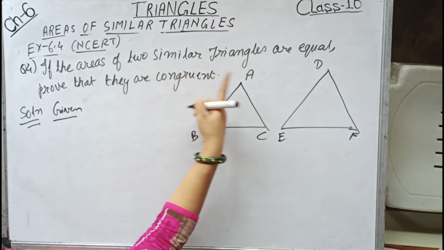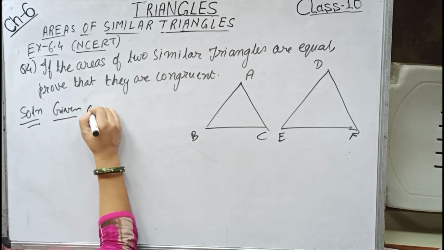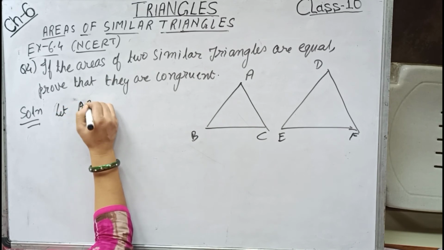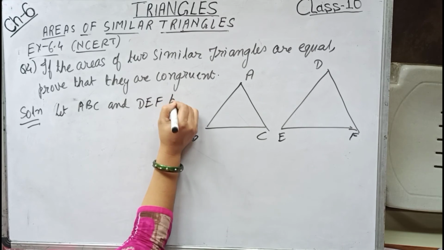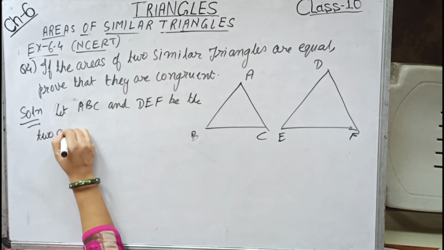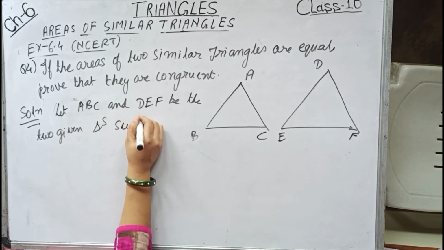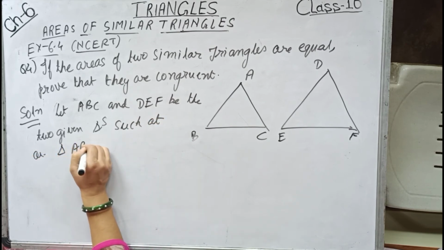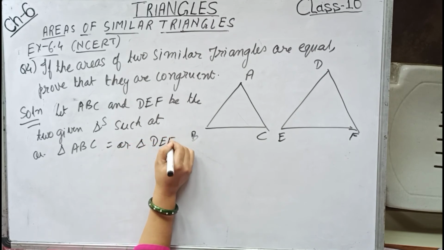Given: if the areas of two similar triangles are equal. So first we will have to write, let ABC and DEF be the two given triangles such that area triangle ABC equals area triangle DEF.